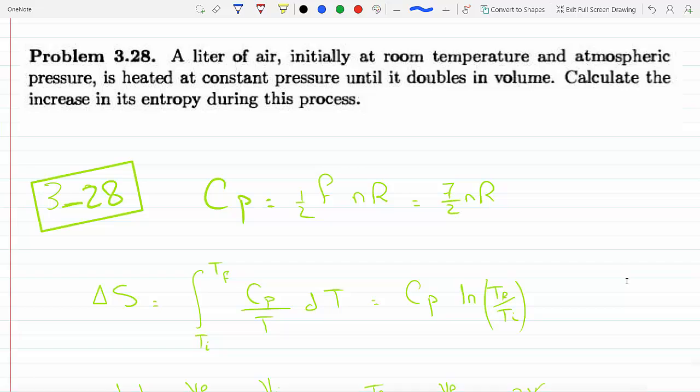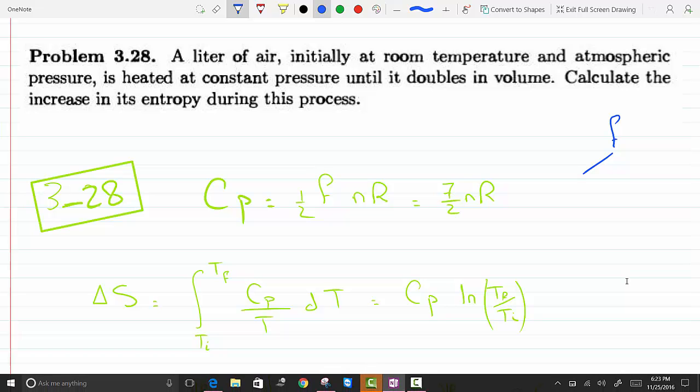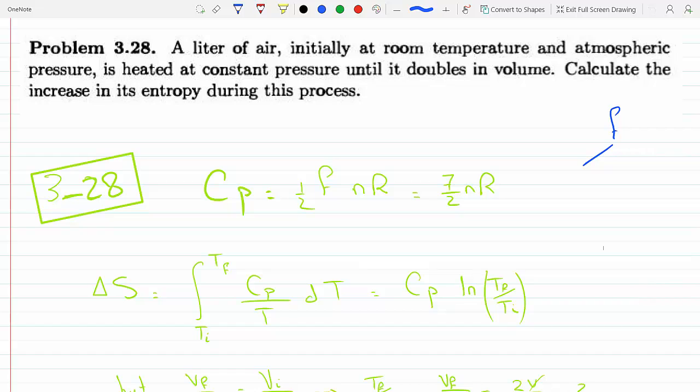For a gas at room temperature, we have translation and rotation. I have translational motion in the x, the y, and the z direction for the translational kinetic energy. So that counts as 3 degrees of freedom.